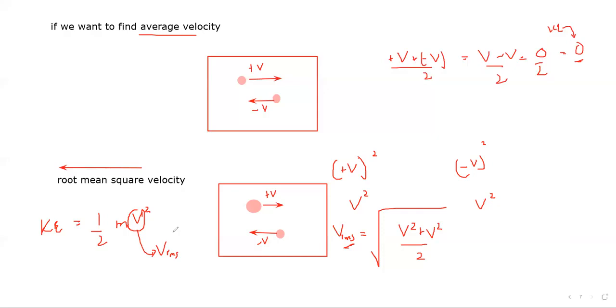Why are we not substituting the average velocity? Because the average velocity might be zero. That's why we take the root mean square speed. The root mean square speed cannot be zero if the particles are moving. It can be zero only if the particles are not moving. Is it clear?